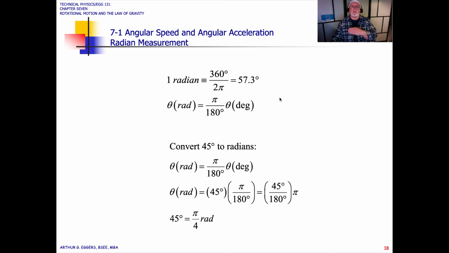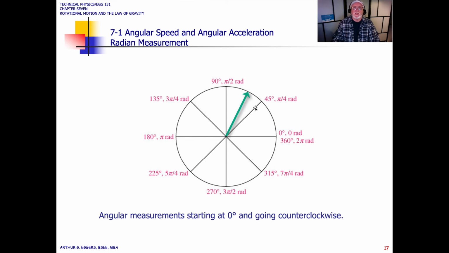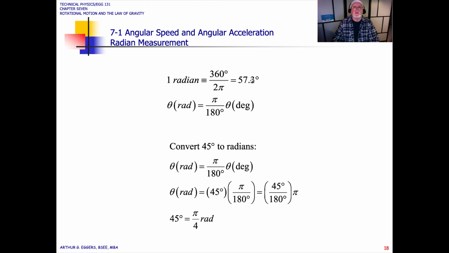If you think back to our circle, here's 45, here's 90. Somewhere out here beyond 45 degrees is going to be our measure of 57.3 degrees, or 1 radian. So theta in radians is equal to pi over 180 degrees.